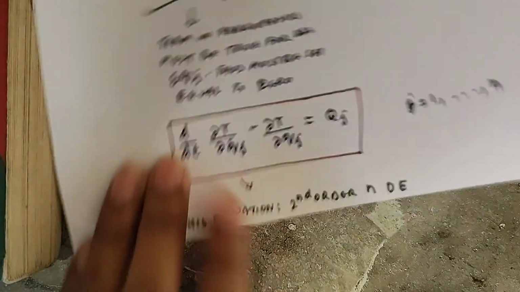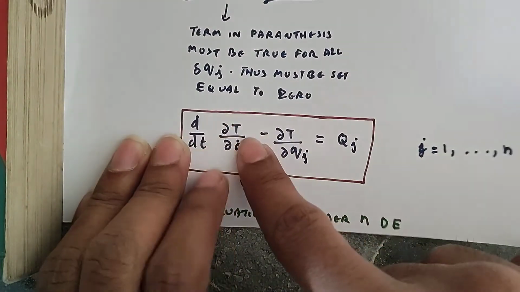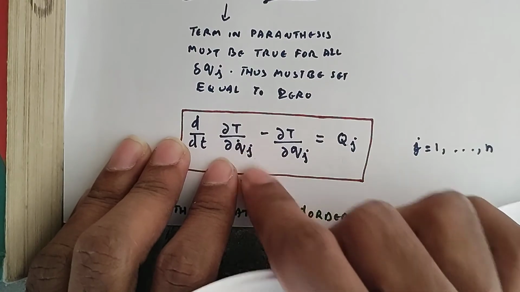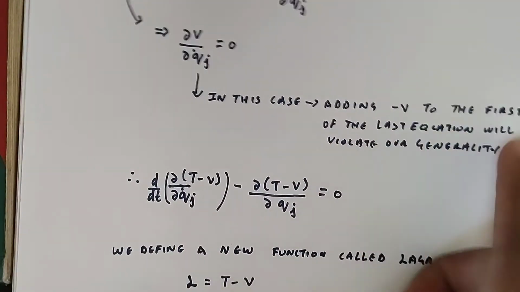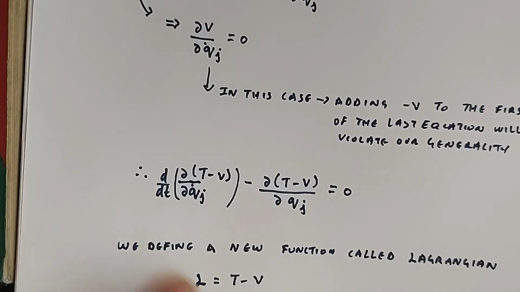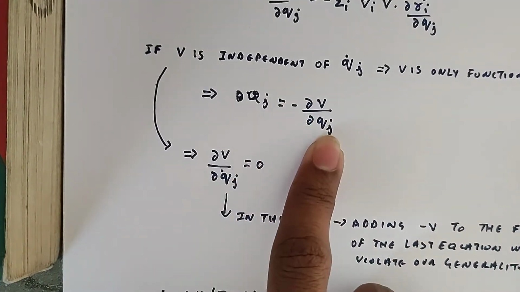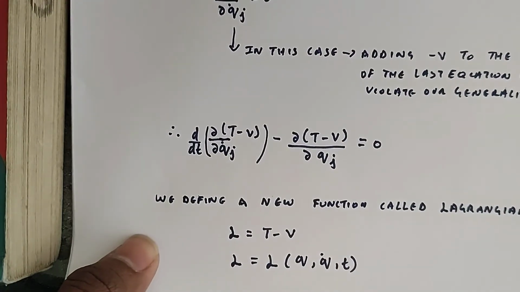By adding a potential term to the first term, see T minus V, the derivative of V with respect to Q dot j will give me 0. So there is no loss of generality in putting my minus V term into that equation. So my equation will look something like this, and moving it to the other side, I'll get an equation like this.